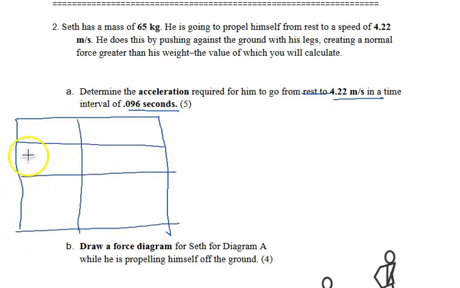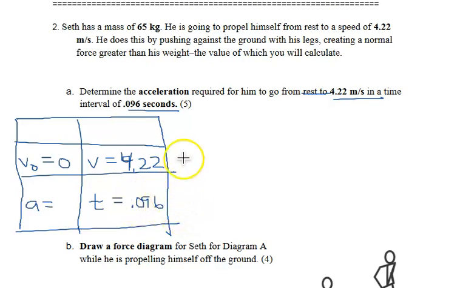He is going from rest to a speed of 4.22, and we want to find A because that's the crossover variable, and we know the time is short.